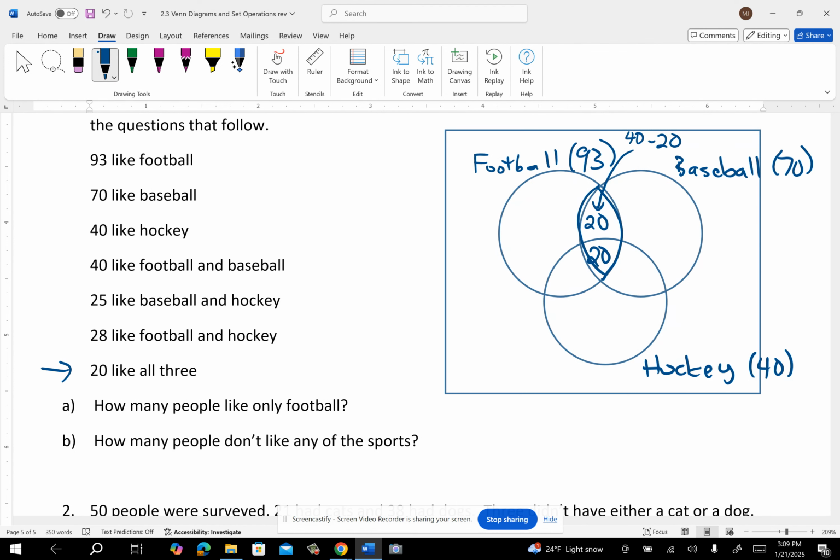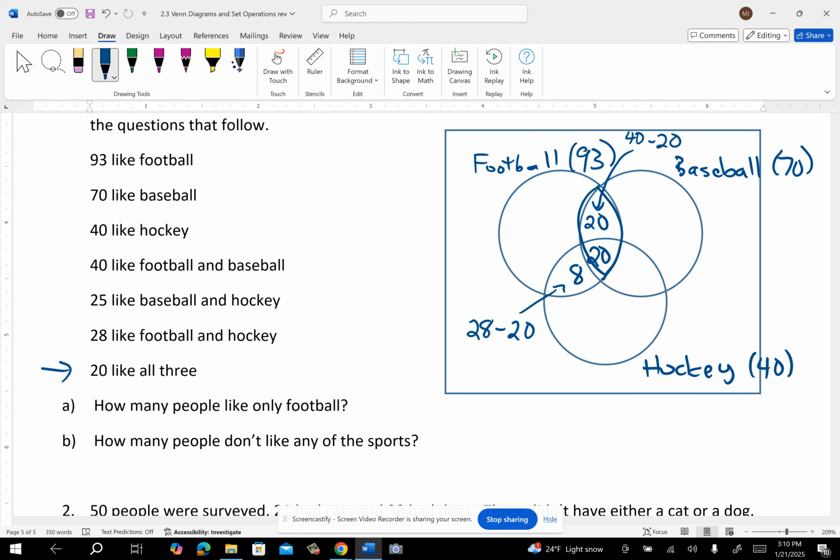All right, now I know the intersection of these two circles here, football and hockey, is 28, right? So to get this particular region, I'm going to take the 28 and subtract the 20 I already know are in there, which means there's 8 in that region.